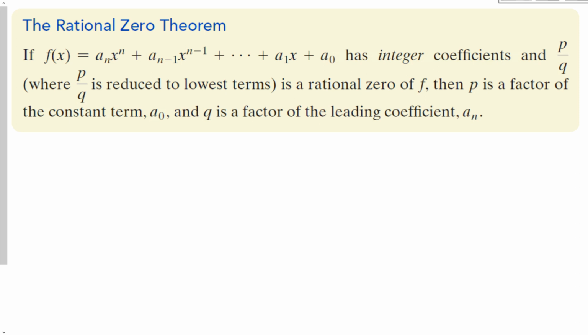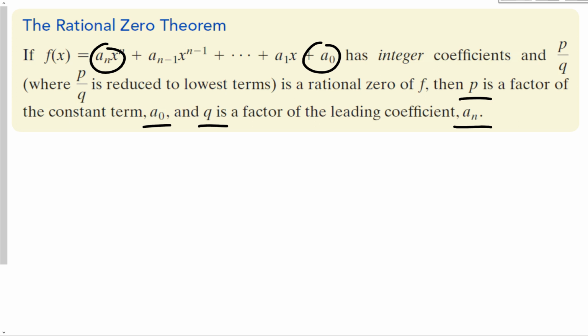If we have a polynomial function, f of x is equal to our standard polynomial function, and it has integer coefficients, and p over q, where p over q is reduced to lowest terms, is a rational zero of the function. Then p is a factor of the constant term a sub 0, that thing. q is a factor of the leading coefficient, a sub n, that thing.